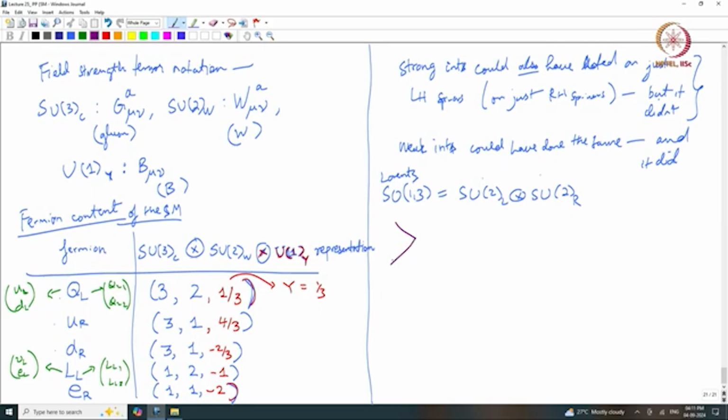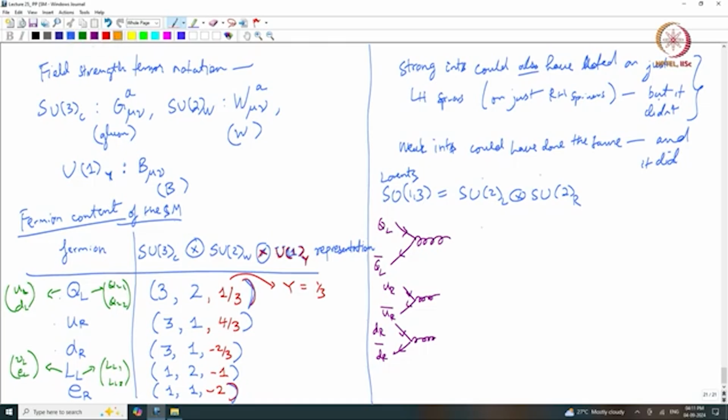It just means that for the strong force, I have charged the QL fields and the UR and the DR. The weak force, let me pick orange.